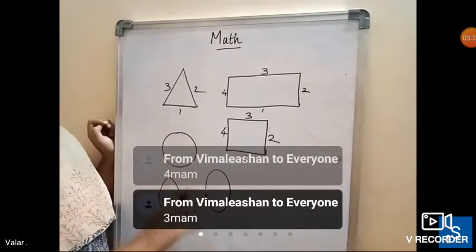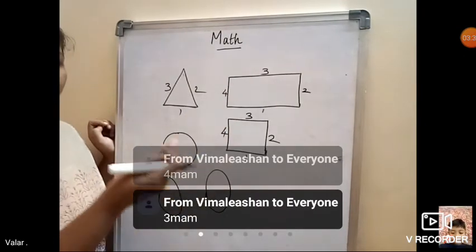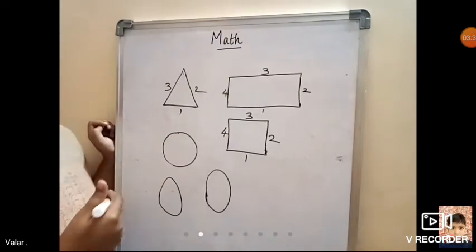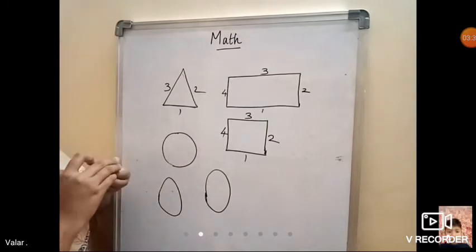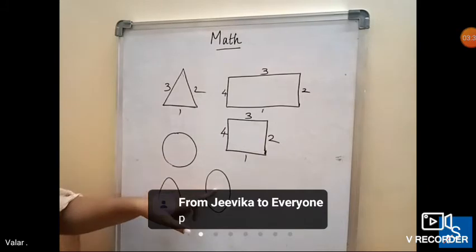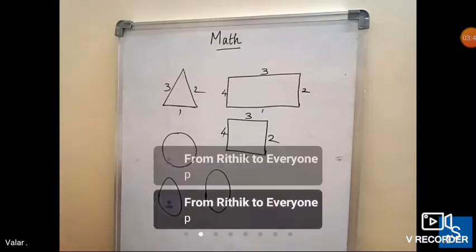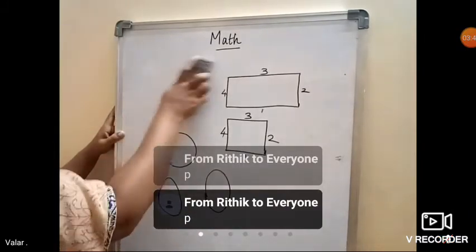There will be sides for a triangle, rectangle, square, right. So these shapes will have sides, and the circle and oval shape will not have any sides.